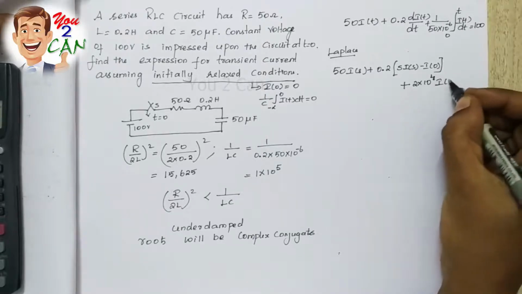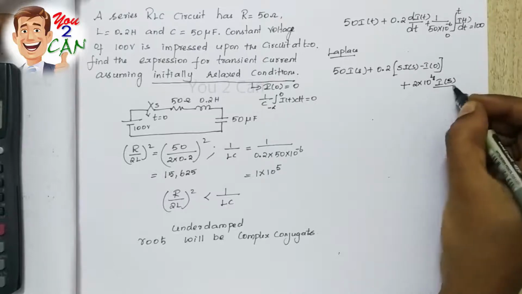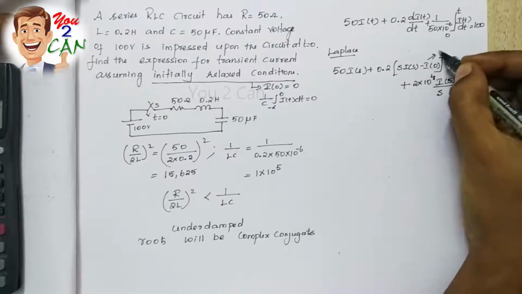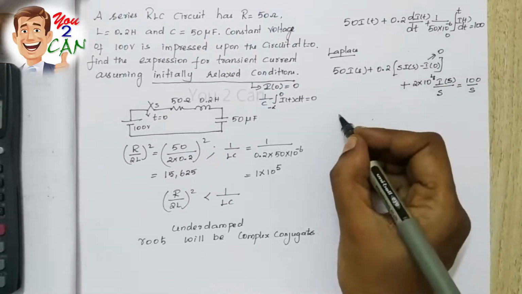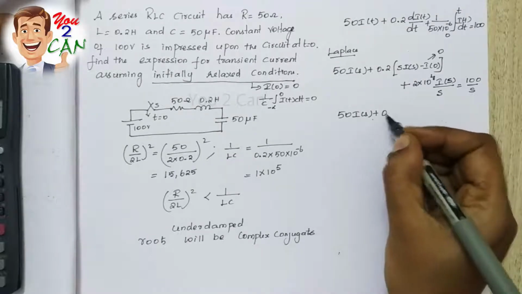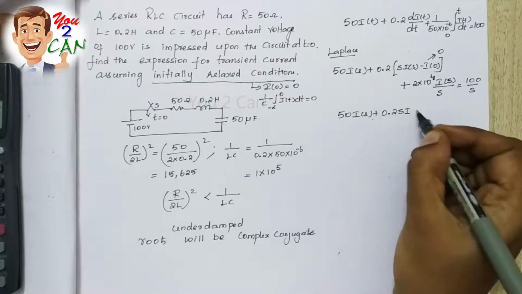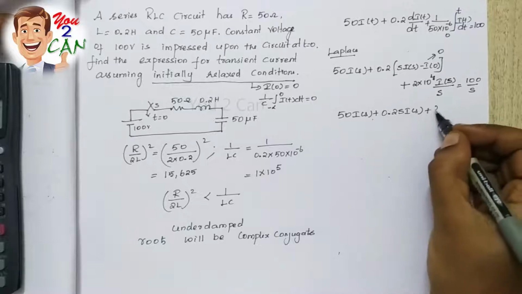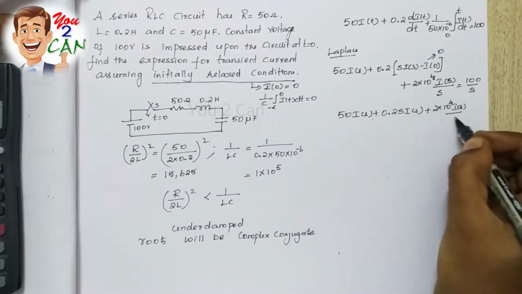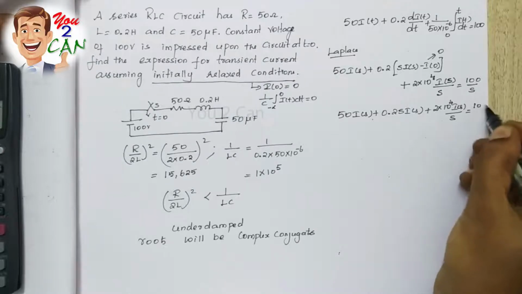The integral of i(t) will become I(s) by s, and it will be equal to 100 by s. Here the initial condition i(0) is taken as 0. So 50 I(s) plus 0.2 s I(s) plus 2 into 10 power 4 I(s) by s will be equal to 100 by s.